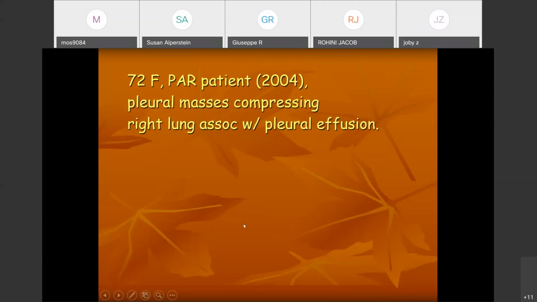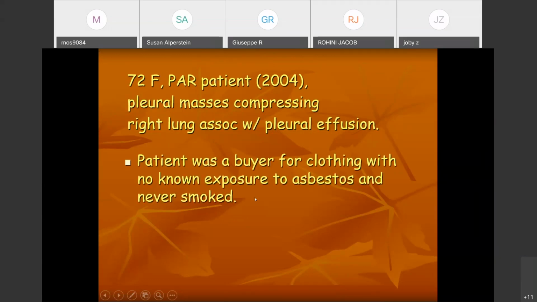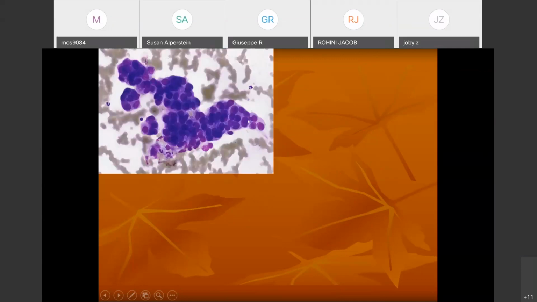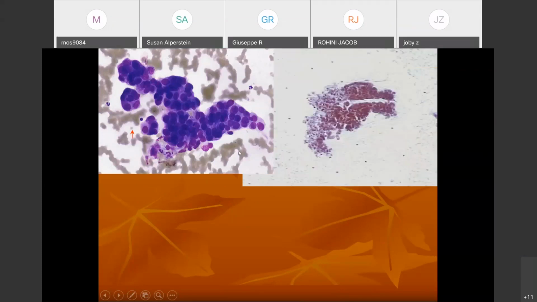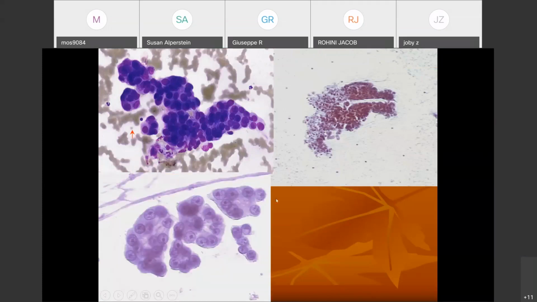Park Avenue patient, pleural mass with pleural effusion, a woman. And she was a buyer for clothing with no exposure to asbestos, never smoked, a Park Avenue case. So you have this tumor cell, epithelial tumor cell. Kind of weird, like this configuration.